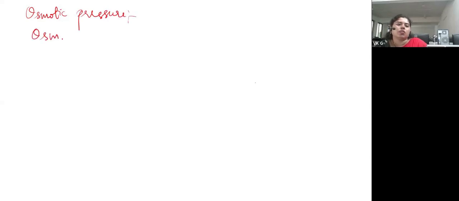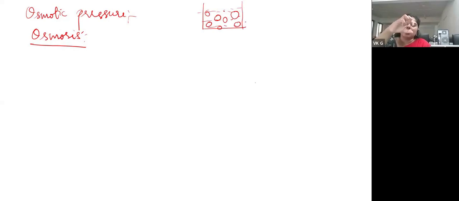osmosis. Okay. What do you mean by osmosis, children? Suppose you have raw mangoes and you keep them in salt. You put the raw mangoes in a salt solution. After some time you see that the mangoes shrink, correct?